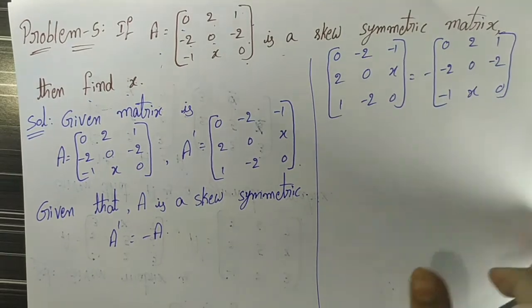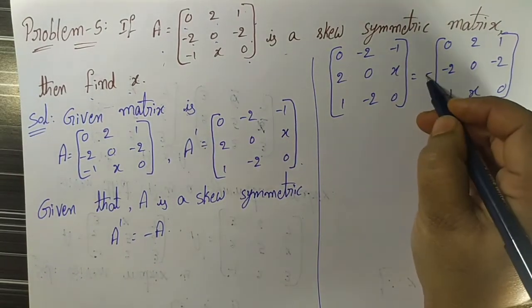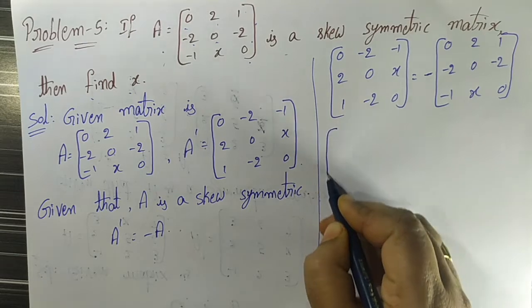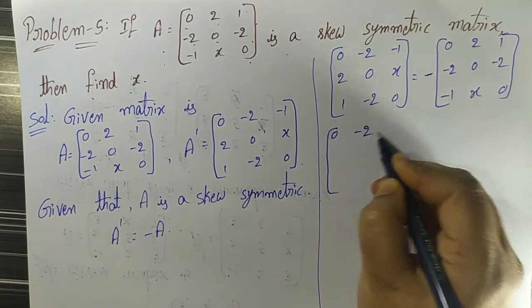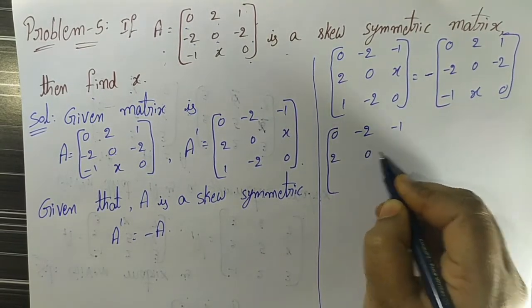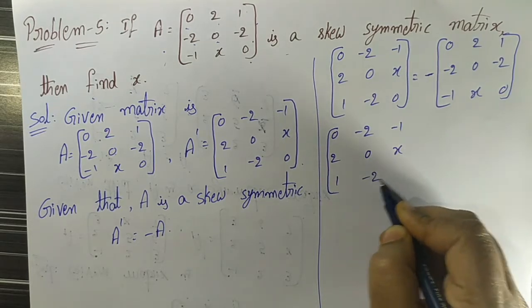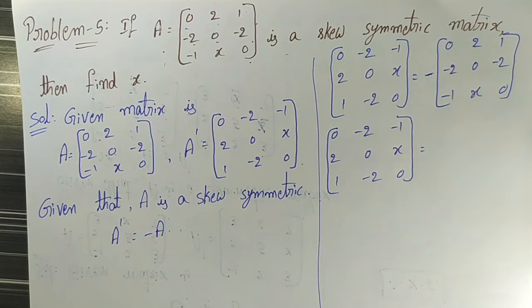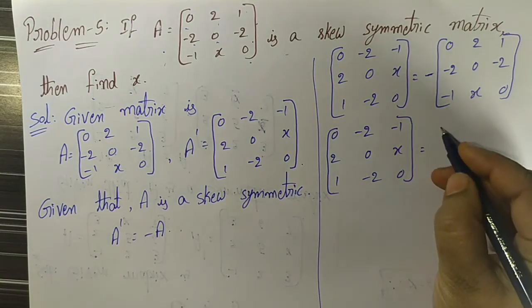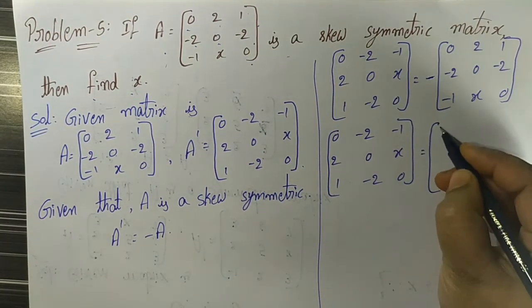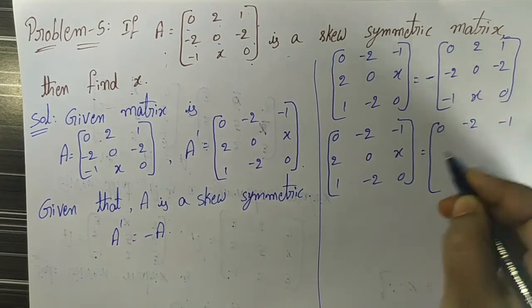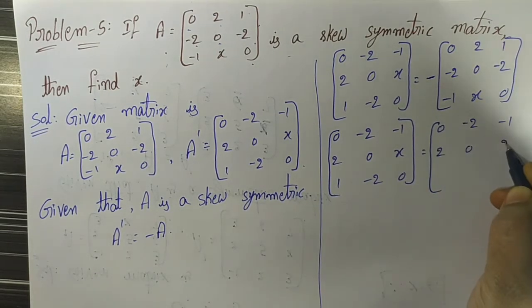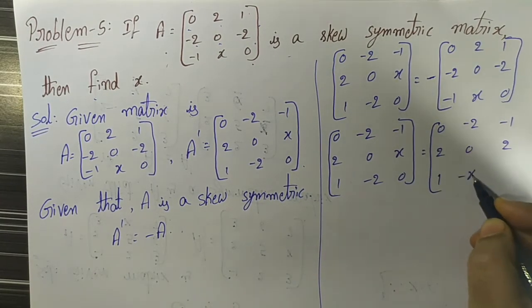This is the A value. Then we multiply by minus, so [0, -2, -1; 2, 0, x; 1, -2, 0] equals [0, -2, -1; 2, 0, 2; 1, -x, 0].